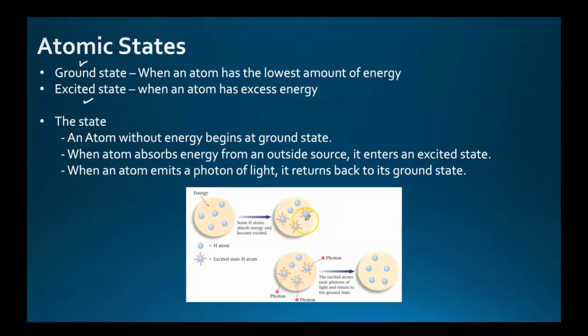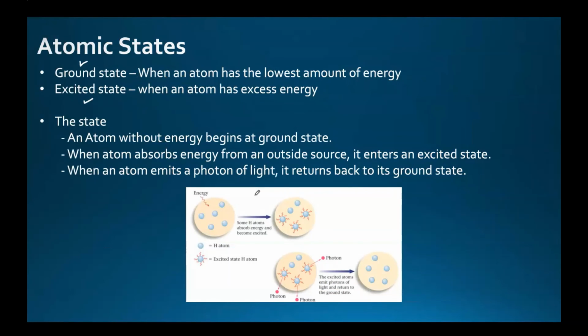Meaning they absorb the energy and they have more energy than they needed. So when that happens, they are going to emit photons of light, okay? So they can go back to their ground state. And when that happens, it's coming back to the ground state.